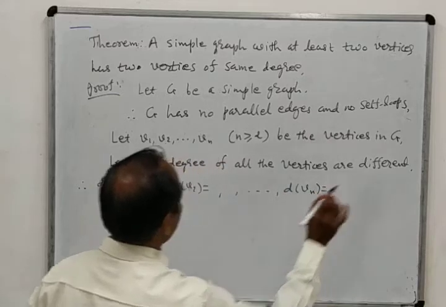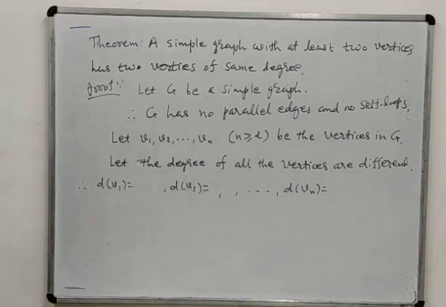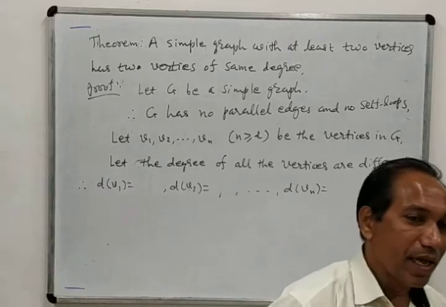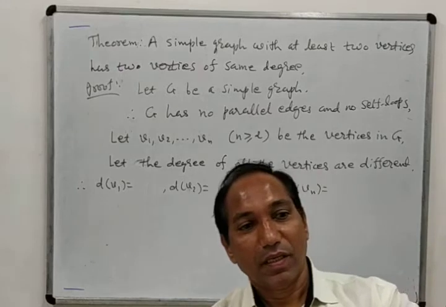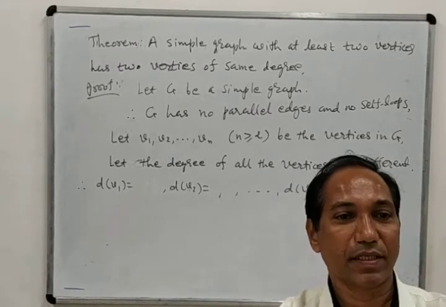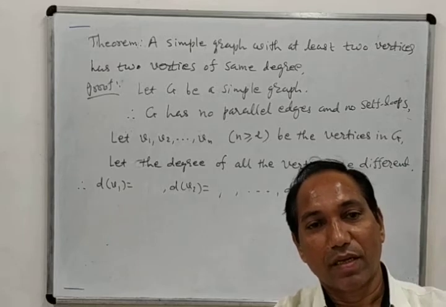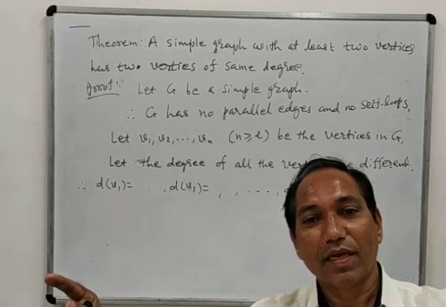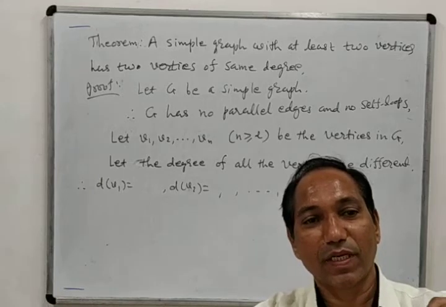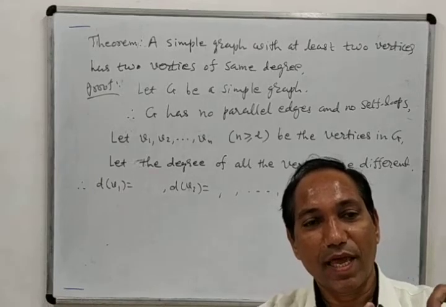What is that? We will write down now. So all the vertices have different degree, and we know that the graph G is simple, and as it is a simple graph, every vertex can be joined with the remaining vertices with at most n minus 1 edges, because there are n vertices.